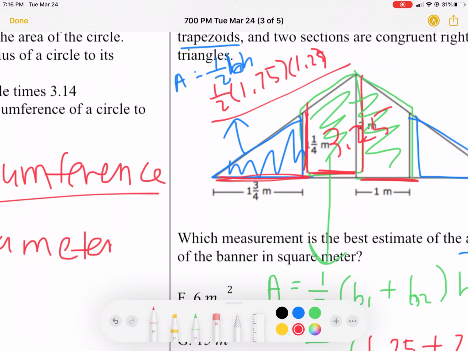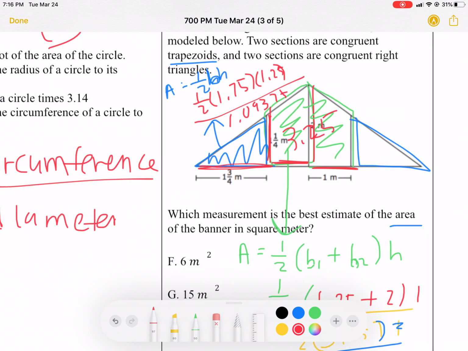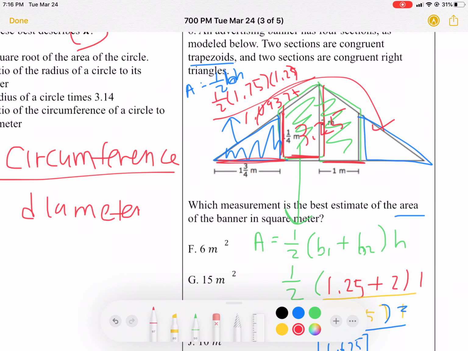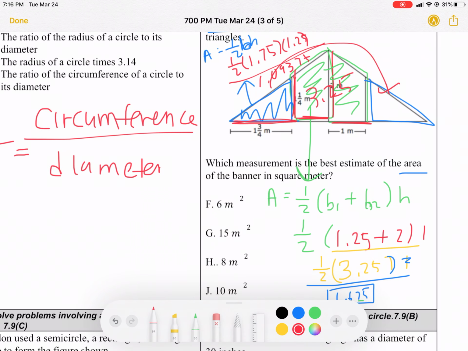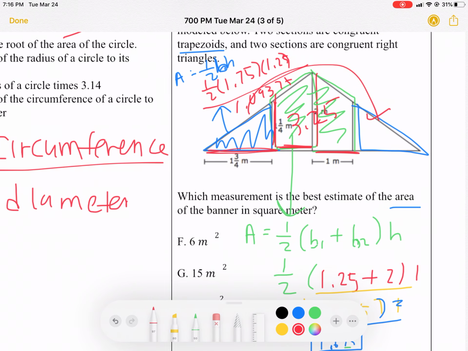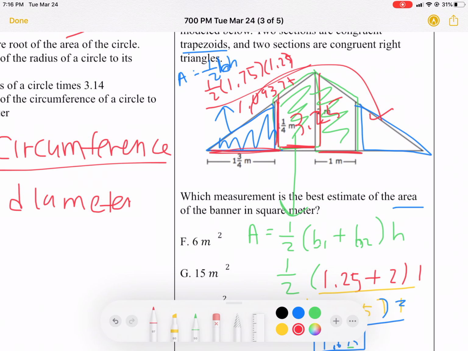So if I solve that, that is going to be about 1.09375. I have 2 of those. So the triangles are going to be about 2, right?